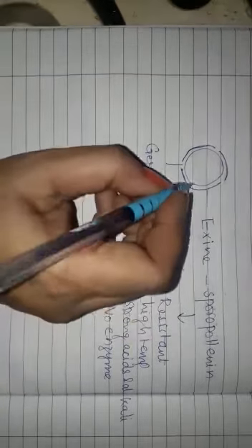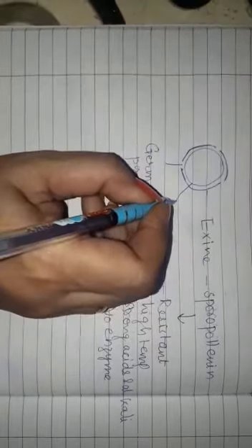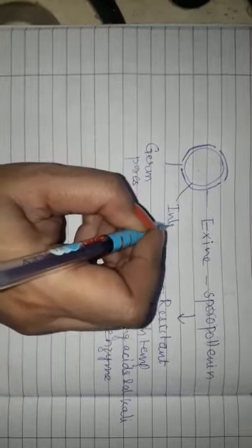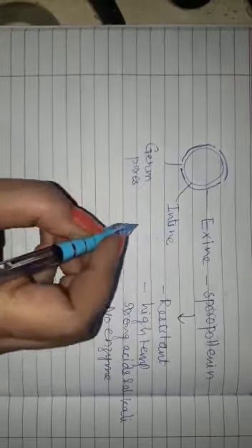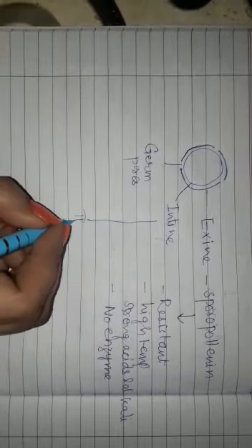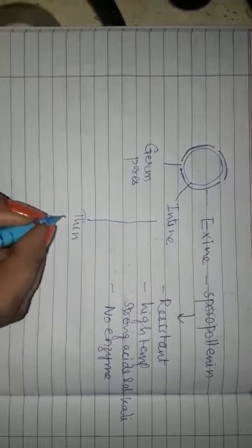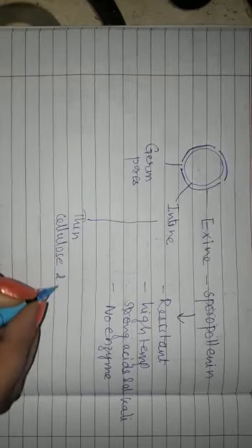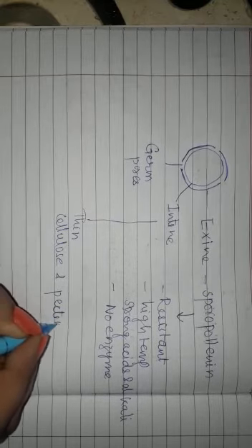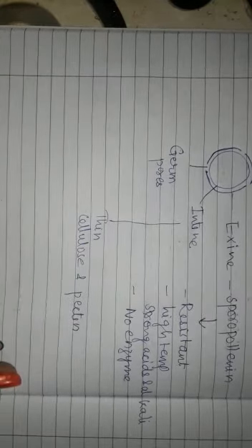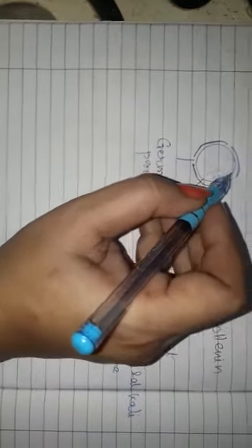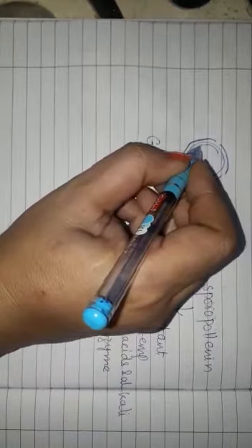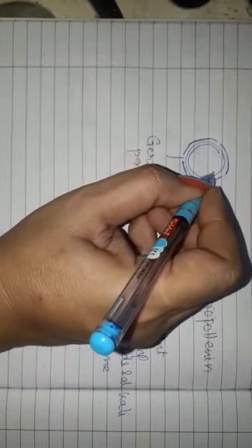And there is inner wall of pollen grain which is called intine. Intine is a thin layer which is made up of cellulose and pectin. Now, यहाँ पे ये हमारे पास है exine, intine, and then there is this is the cell membrane of the pollen grain.